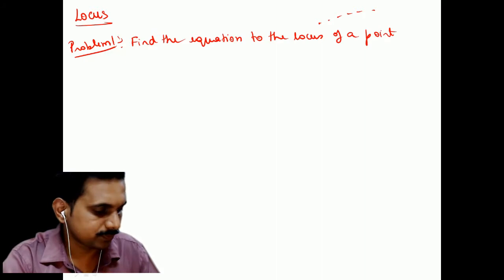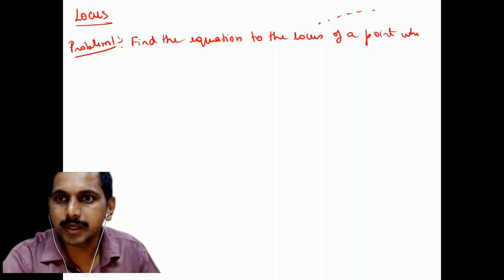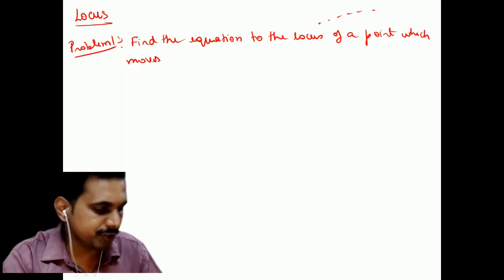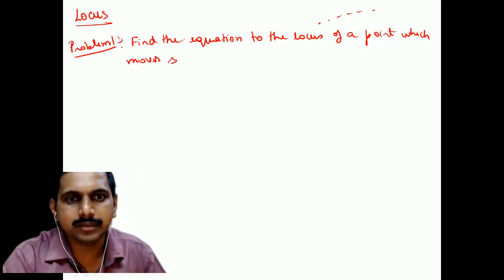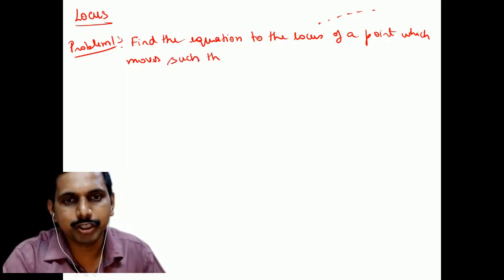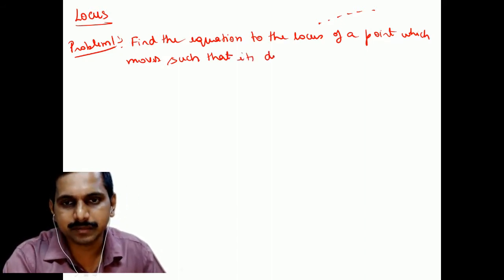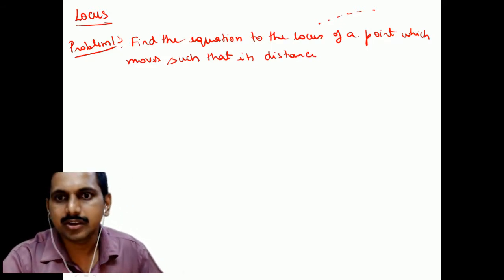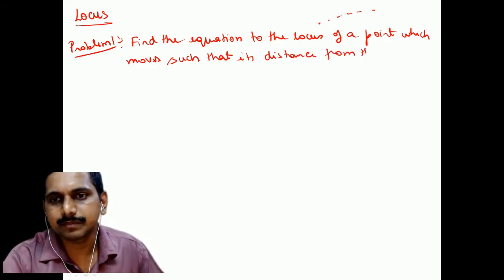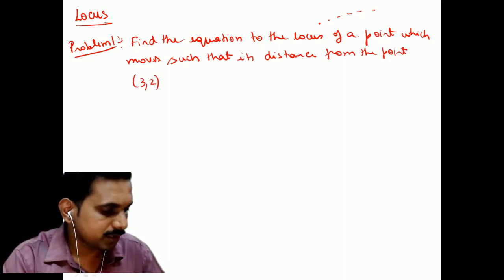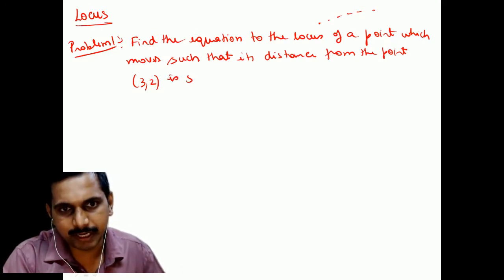Write it down. A point which moves such that its distance from the point (3, 2) is 5 units.